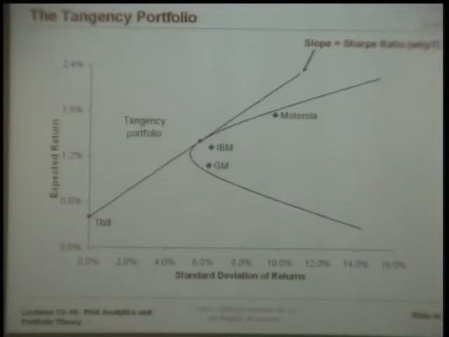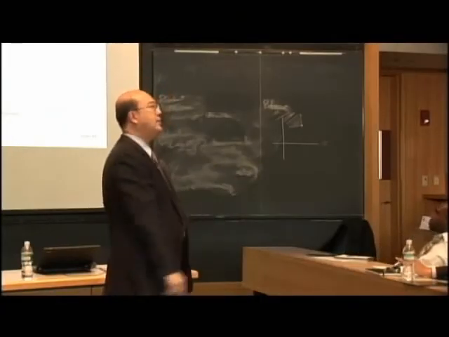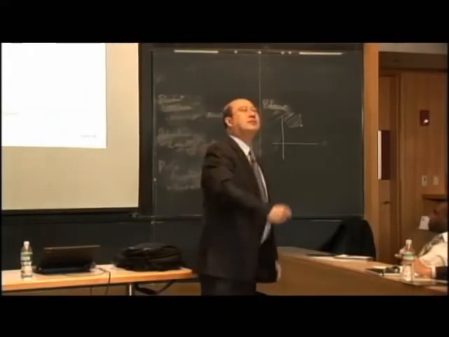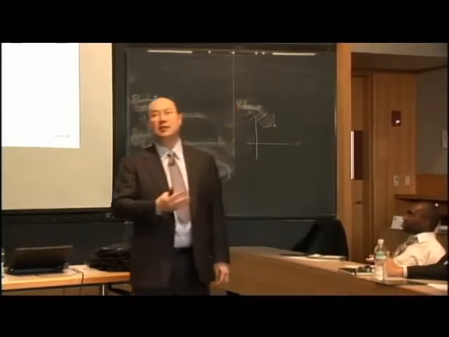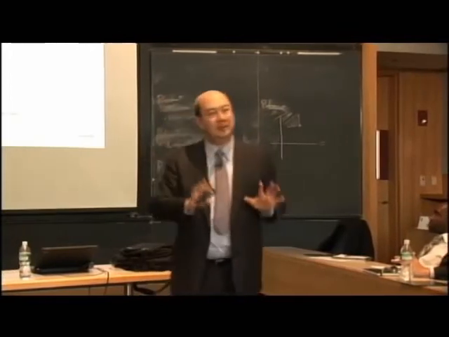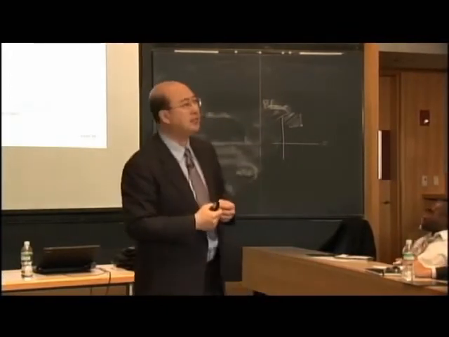So if I had to ask you to draw on this graph an indifference curve of risk-reward trade-offs for you, the typical individual, what would it look like? Can anybody give me a sense of what different kinds of risk-reward trade-offs you would be indifferent among? And to make the question a little bit simpler, let's start off with a particular point, okay?